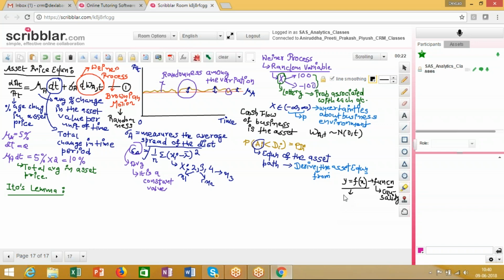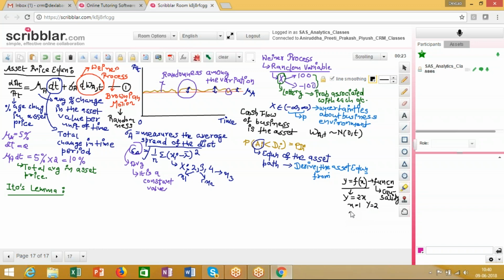So let's take an example like this: y equals 2x. When x is 1, what is the value of y? 2, right?